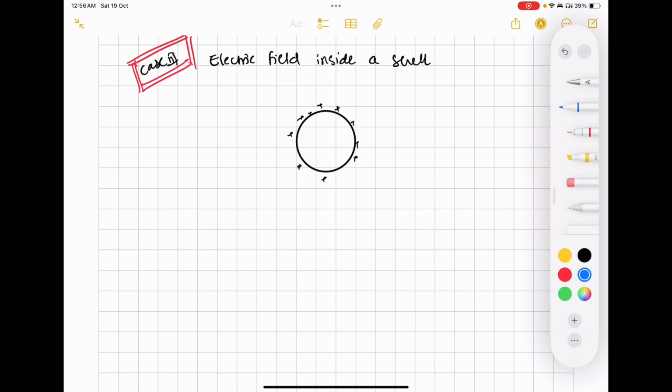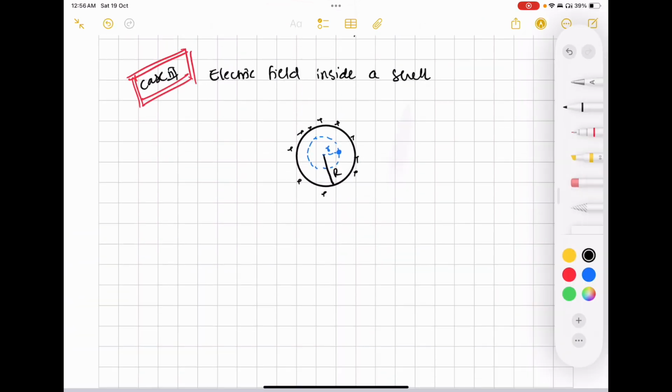So what we will do is assume a Gaussian surface in such a way that the point lies on the surface of the Gaussian surface. We have considered a Gaussian surface like this, and we have the radius of the Gaussian surface as small r.